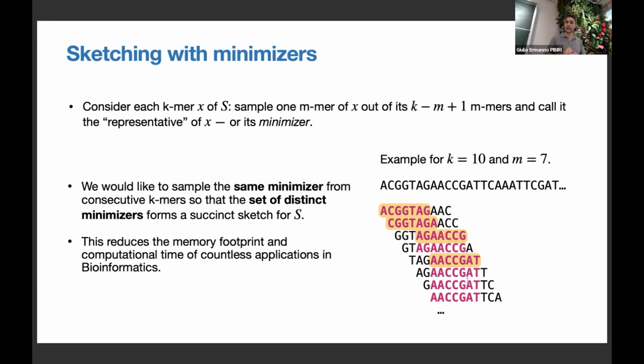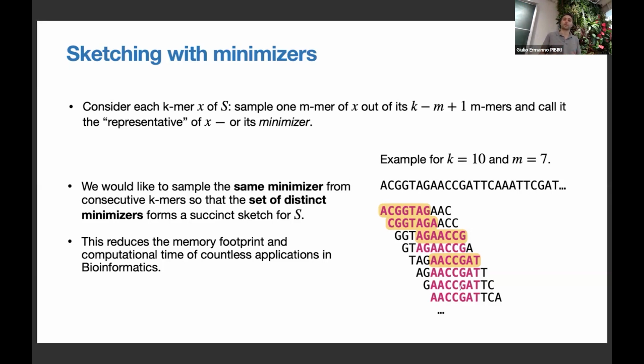And as you can see, the number of distinct minimizers is just 4, because for the last 4 k-mers, the minimizer is exactly the same. So the idea is that if this set of minimizers is small, it forms like a succinct sketch for my sequence S.